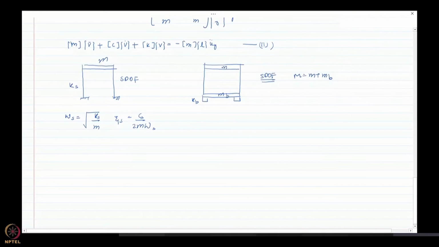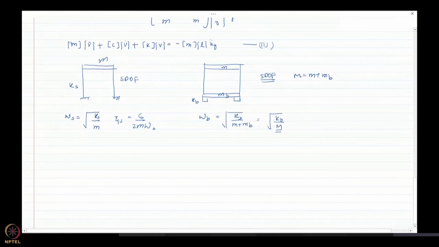So when I consider a single degree of freedom representation of the same building that I had been representing with 2 degrees of freedom, I can write the frequency as omega b equal to square root of Kb divided by (M plus Mb). I hope you understand all of the formulas we are writing. So this is Kb divided by M, where M is now the total mass.